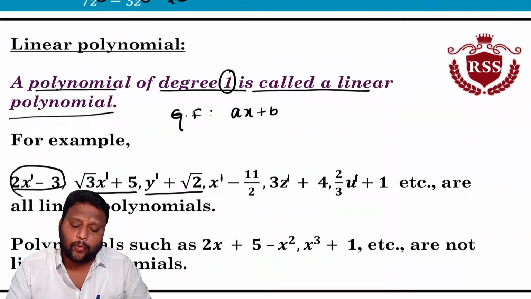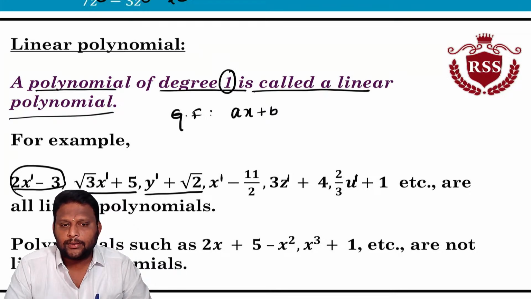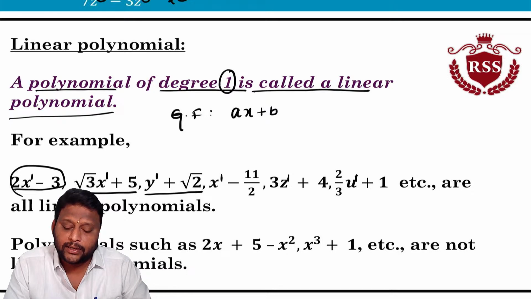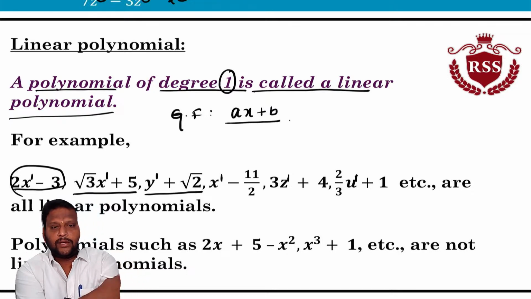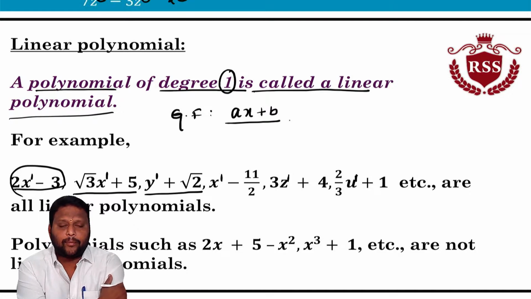A polynomial with degree 1 is called a linear polynomial. The general form of a linear polynomial is ax plus b.